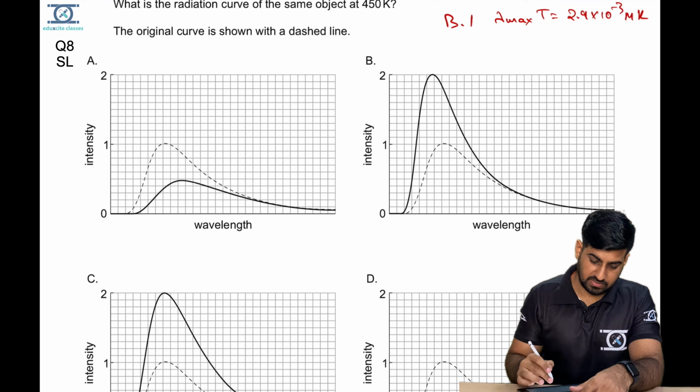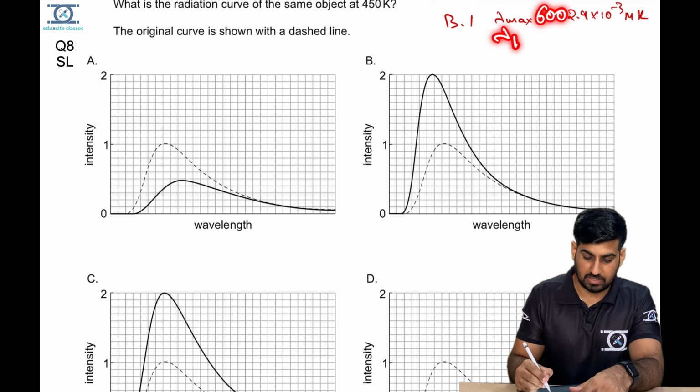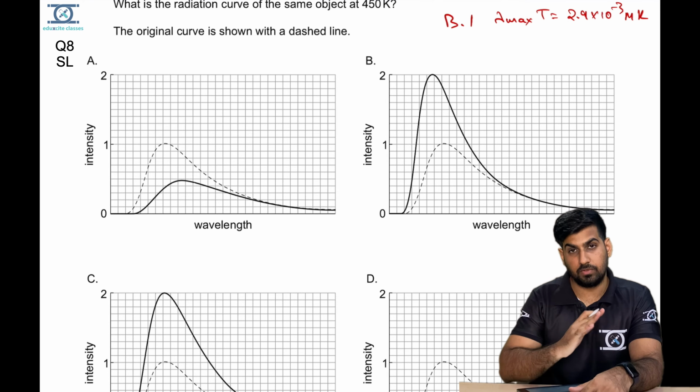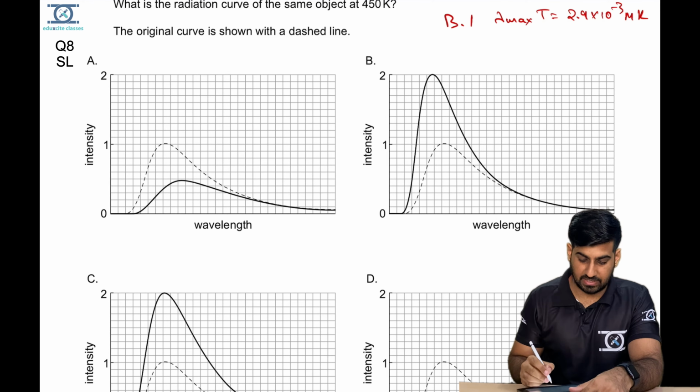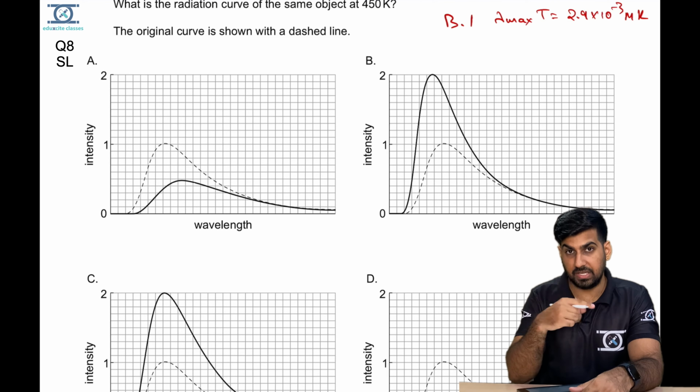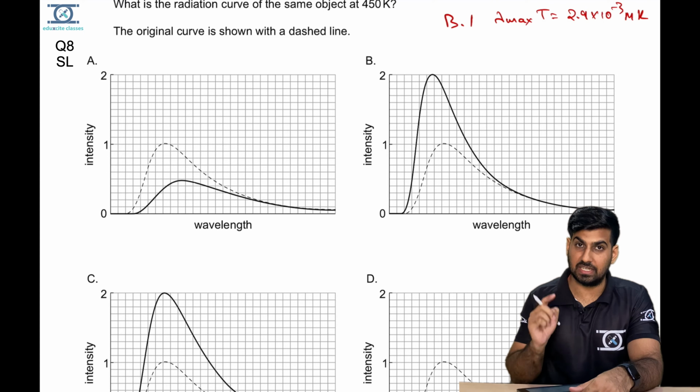Now when it was 600, the original curve was the dashed line, and the wavelength was lambda 1, let us say. Now this temperature has decreased, so lambda maximum will increase, so the curve will shift towards the right-hand side. The new lambda maximum will be greater than what it was initially at 600.